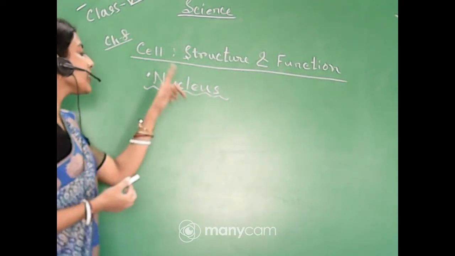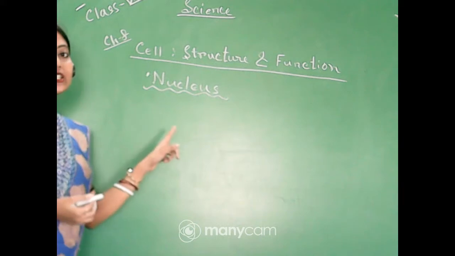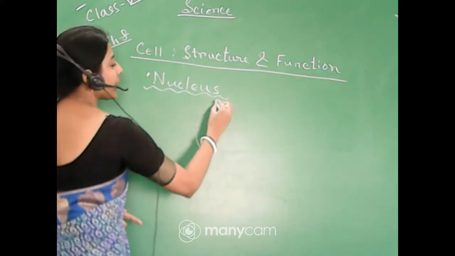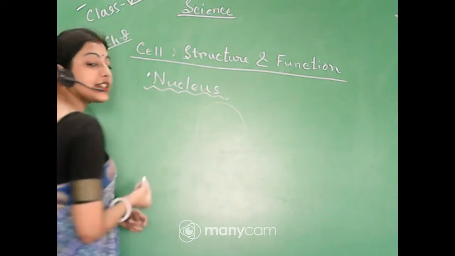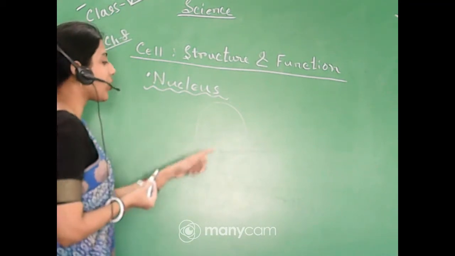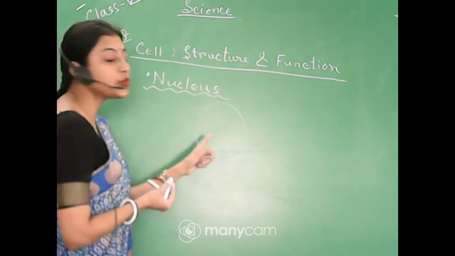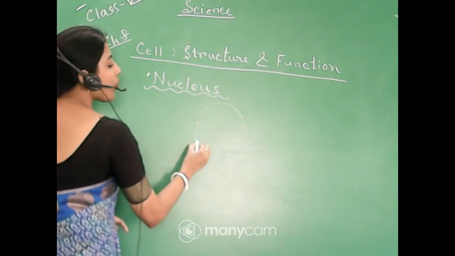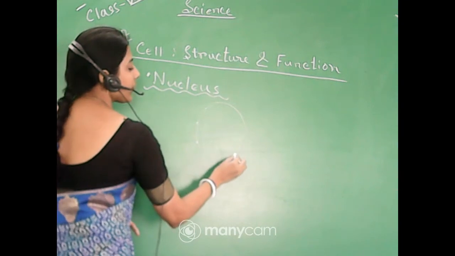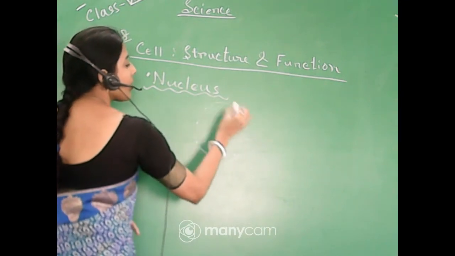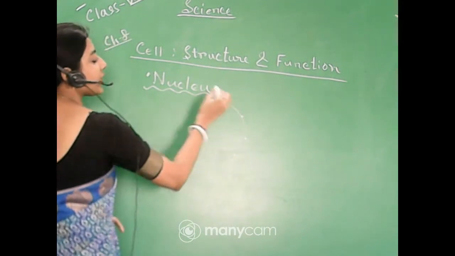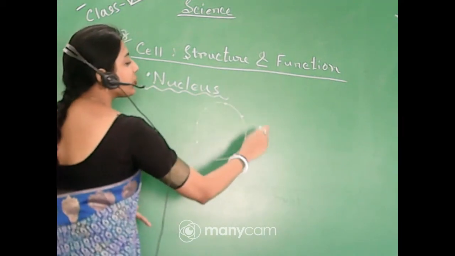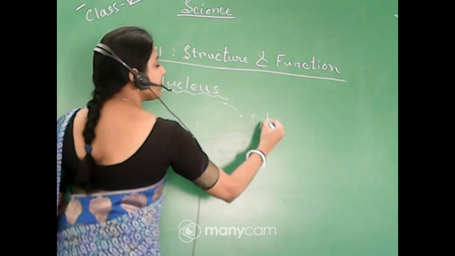For the structure of the nucleus, I have told you that the nucleus has a spherical body, and the nuclear membrane of the nucleus also possesses some pore-like structures, right? So the nuclear membrane is a porous structure, and the outer portion of the nucleus is the cytoplasm.